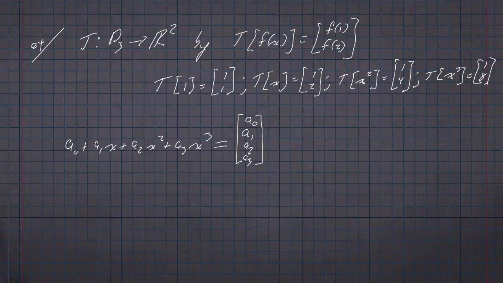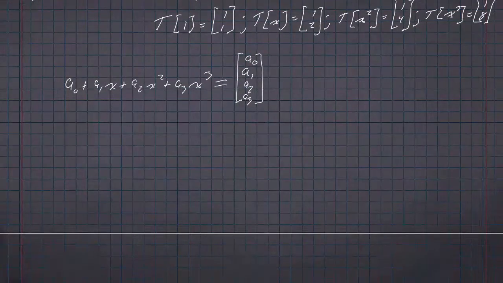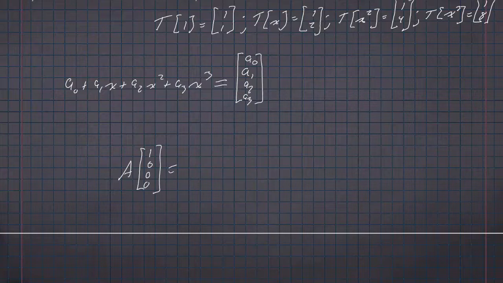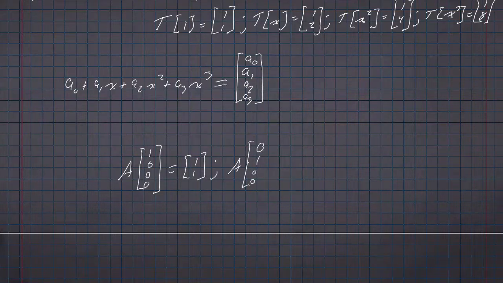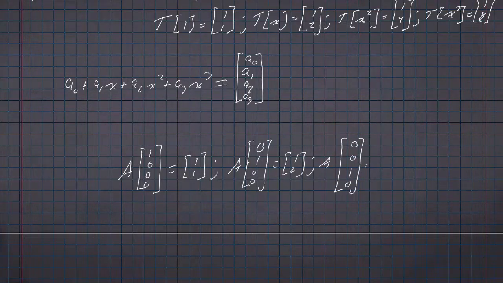So we can rewrite this transformation by saying that A, acting on (1, 0, 0, 0), needs to map to (1, 1). And A acting on (0, 1, 0, 0) needs to map to (1, 2). A acting on (0, 0, 1, 0) needs to map to (1, 4).